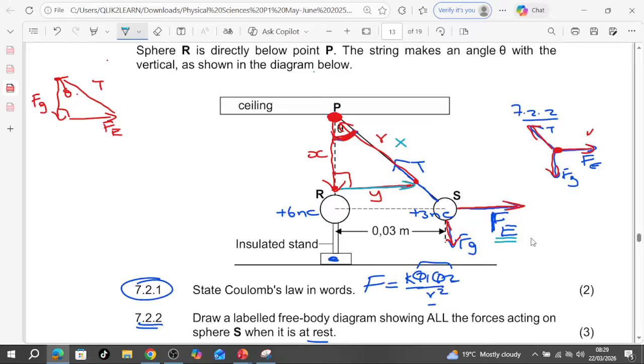I can use the electrostatic force formula to find Fe, which is K Q1 Q2 over R squared, and we are coming back to that. Let's just leave it like that. We can find this guy easy, and we can find the weight, which is Fg, as mg.